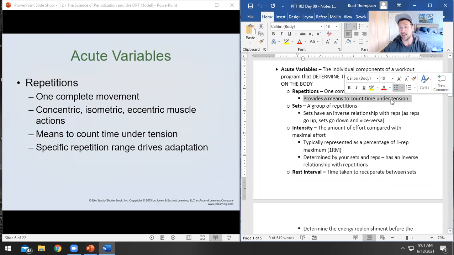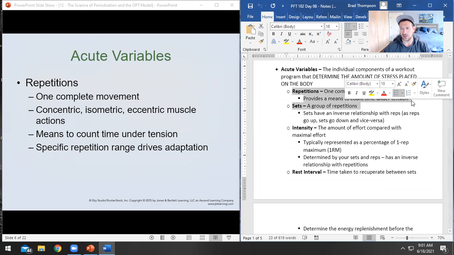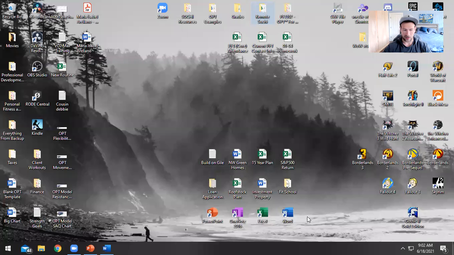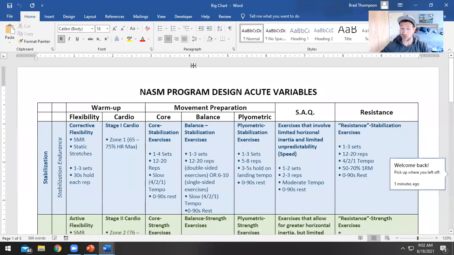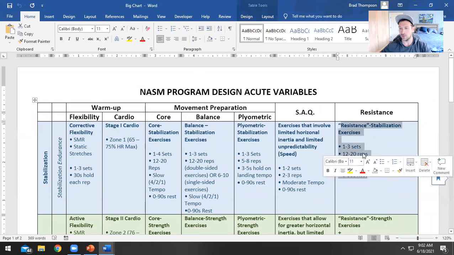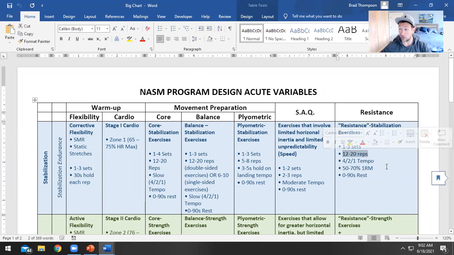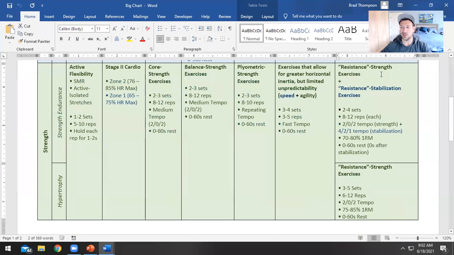So, is it possible to build max strength with 6 reps? Yeah, sure, if you're moving really quick. But for the most part, we've got some pretty clear rules here. When it comes to repetitions, if we look at the big chart here, if your client's goal is to develop stabilization endurance, they're going to do about 12 to 20 reps. And if your client's goal is to develop strength endurance, they're going to do a superset of about 8 to 12 repetitions for both exercises, and both exercises for the same body part.